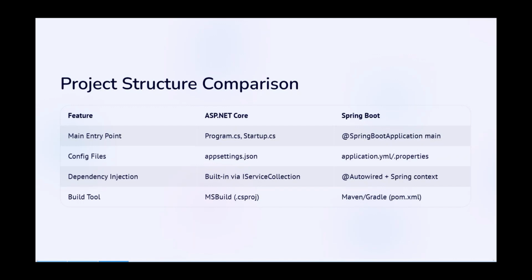For dependency injection, it uses the Spring context and other annotations. As build tools, it has two, Maven and Gradle, but its metadata is stored in XML form, like in the .csproj of ASP.NET Core.